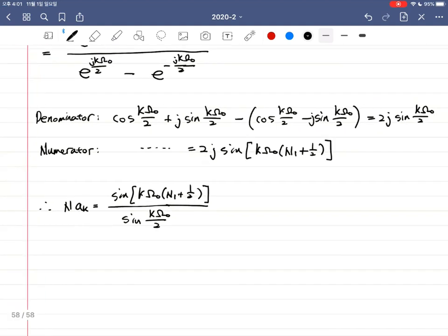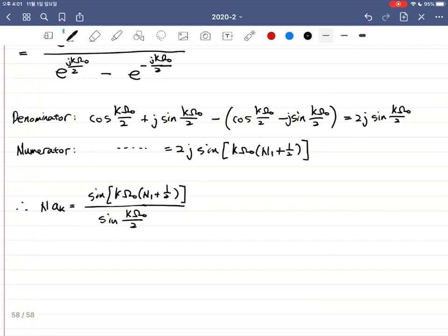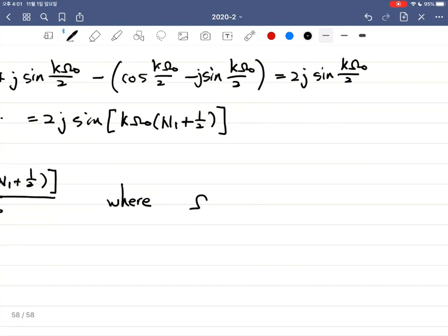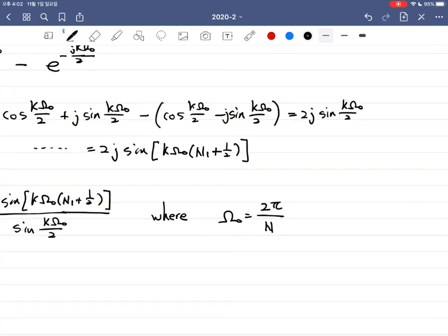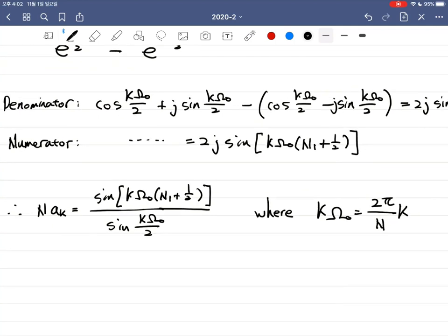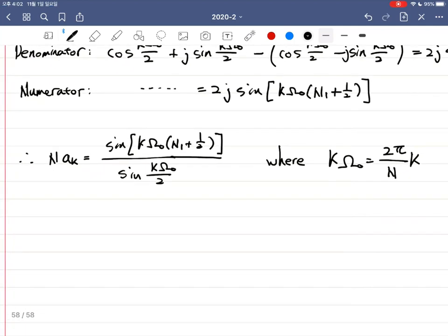And moreover, I want to get rid of this omega 0. So I'm going to use that relationship. I mean, omega 0 equals 2 pi over a period. And there's no problem if I add this k here. Therefore, with this additional relation, I can rewrite this equation.